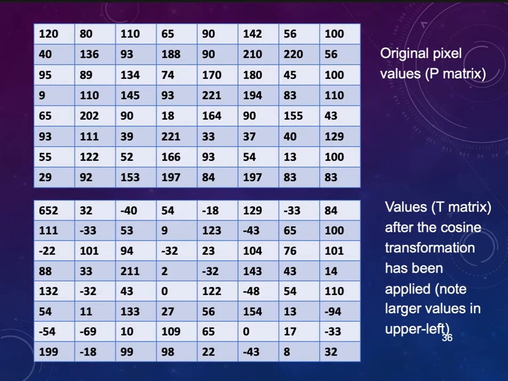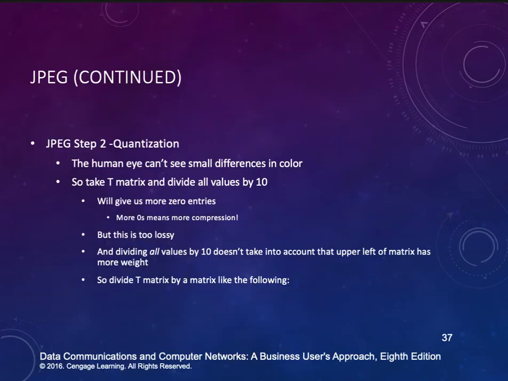Here we have the overall picture divided into blocks. In the first block we have the P matrix of 120, and in the T matrix after the cosine transformation, the top left hand corner is 652. Stage 2, basically for the human eyes, you cannot see the difference in color. The T matrix is divided by 10.